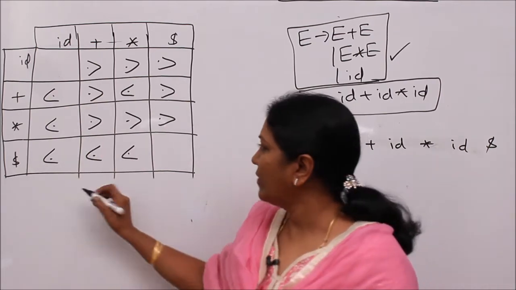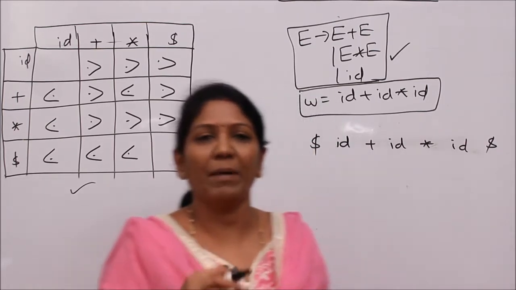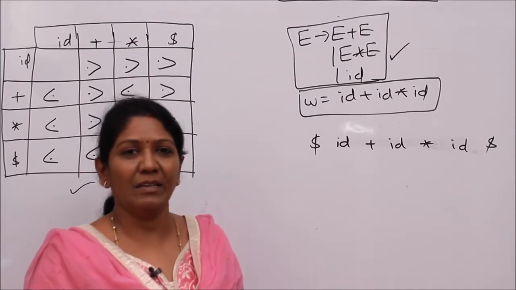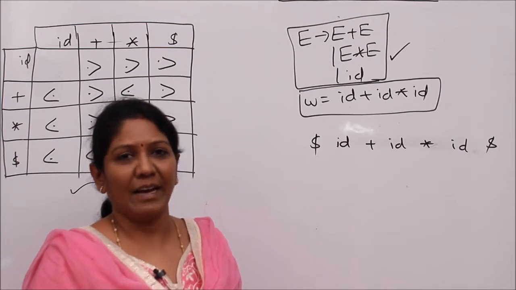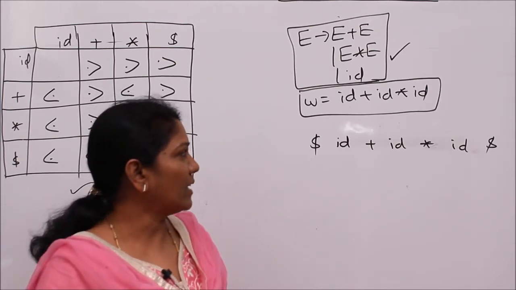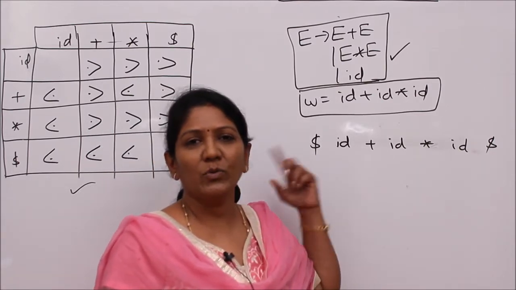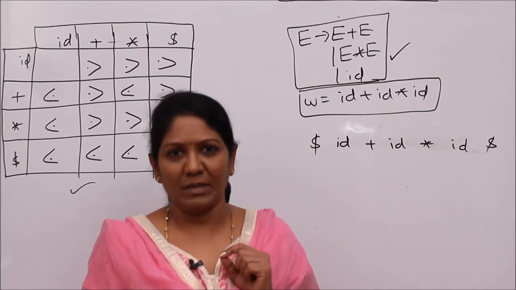Okay. So given this table, let us see how the parser parses. Remember, it is a bottom-up parser. The headache here is, at any point of time, we should know how the parser can detect the handle. It takes the input string and uses the table, and inserts the precedence relation between every pair of terminals.